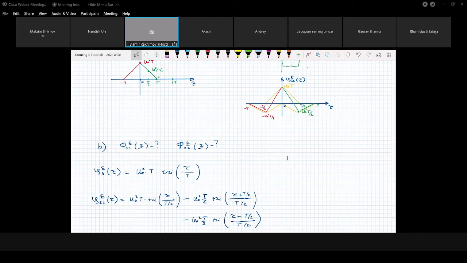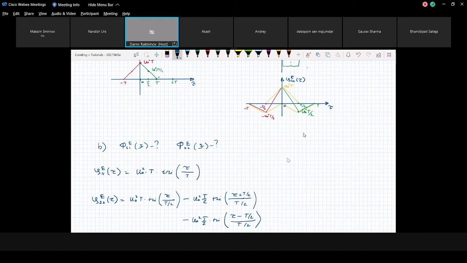So if we have a triangular function with denominator T, it goes from minus T to T. But if you consider a rectangular function with denominator T, it goes from minus T over 2 to T over 2. There is a difference, because a triangular function is 2 times wider than a rectangular one with the same denominator. And I can also make a mistake. So we have this, 1/2 T, and for the second one 1/2 T over 2.